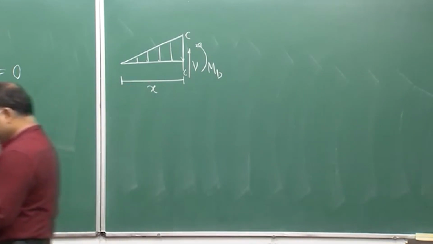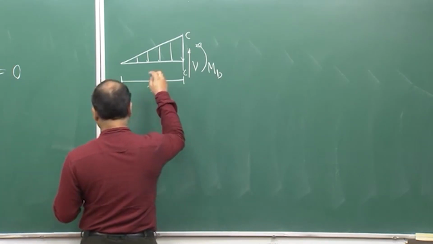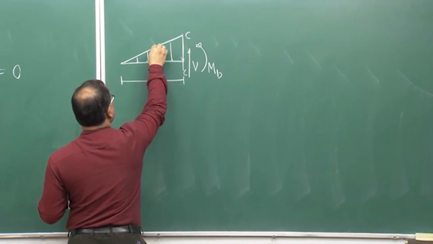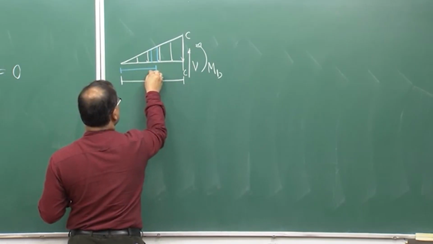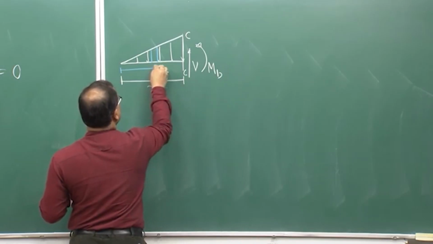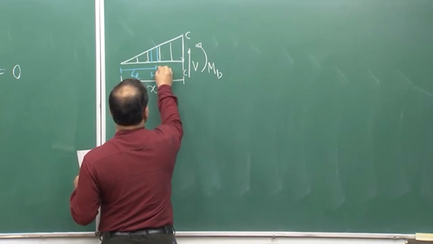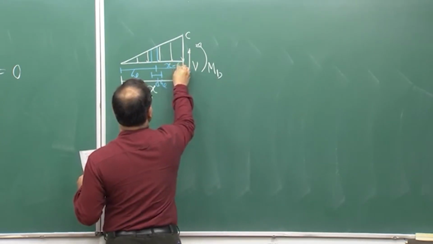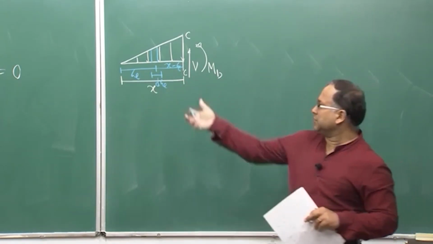Now, to define this in a better way, we are considering one local coordinate system, say xi. This is my xi, this is a small distance d xi, and this distance is x minus xi. So, we are going to introduce a local coordinate system, that is xi.